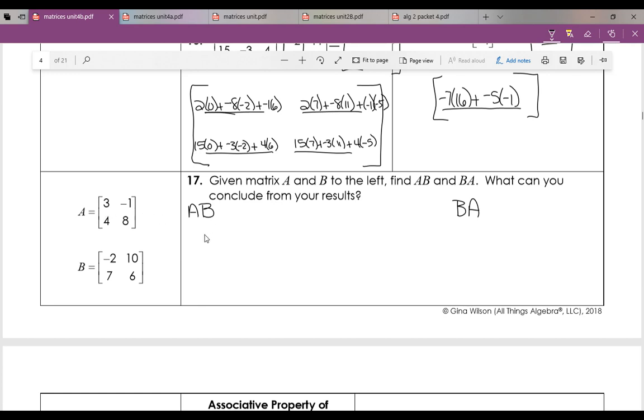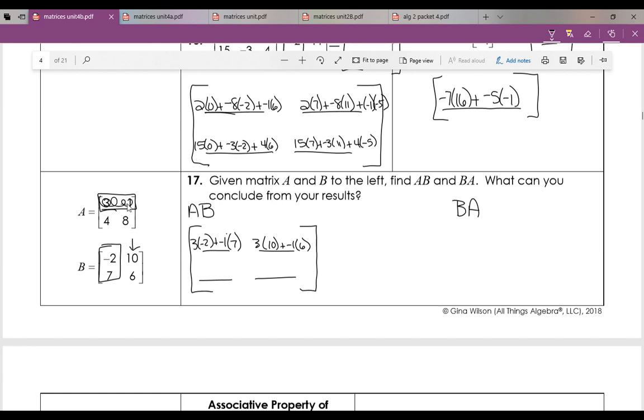To multiply A times B, that's a 2 by 2 times a 2 by 2, so I need a 2 by 2 out. So row, column. That's 3 times negative 2 plus negative 1 times 7. Go to the second column: 3 times 10, and negative 1 times 6.